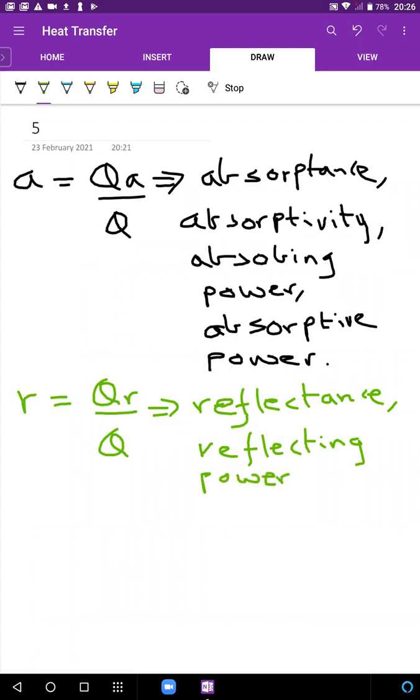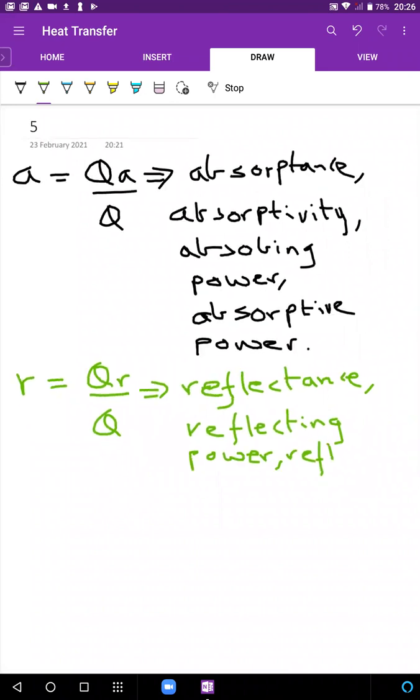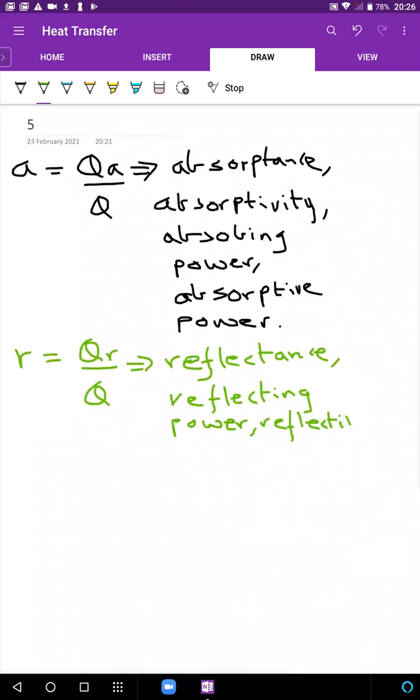You get the idea. Yeah, reflectivity, etc. लिख लेता हूँ. You get the idea. Etc. Yeah, that's the idea. So R is QR by Q. The fraction reflected is called reflectivity or reflectance or reflecting power.